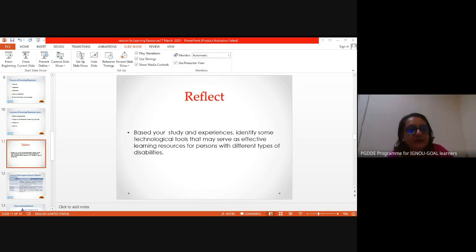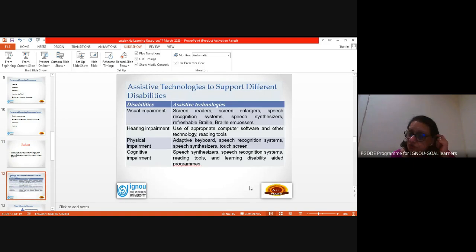So let's just quickly proceed then. What I was saying was that when we are talking about these kinds of reflections, these are some of the devices, or rather assistive technologies, that can be used as learning resources for different types of persons with disabilities. For instance, visual impairment.